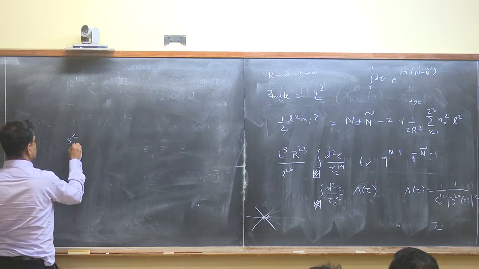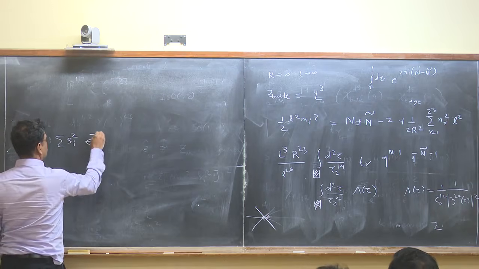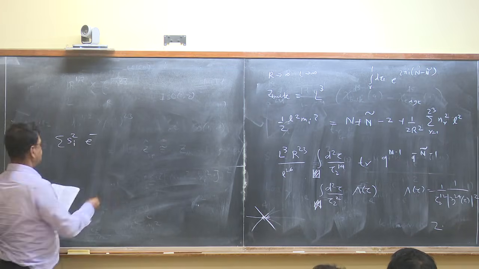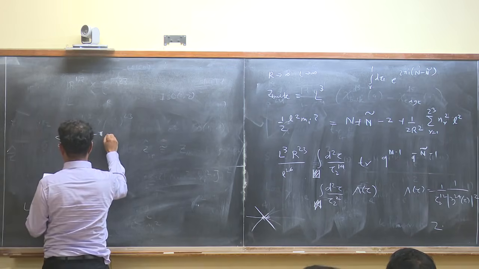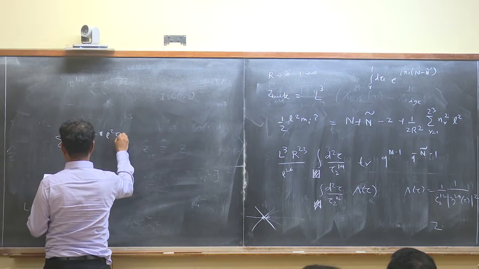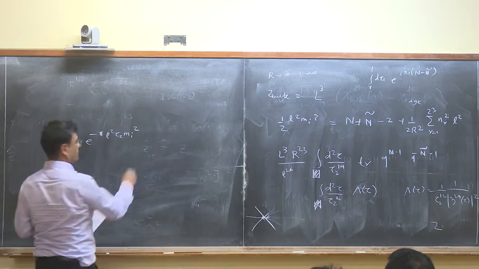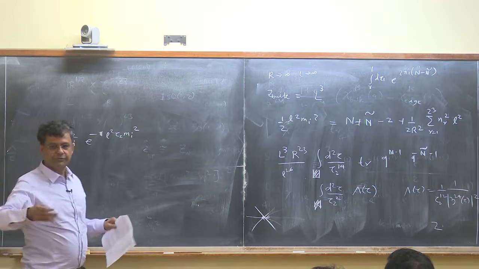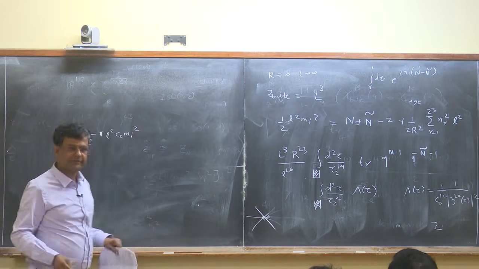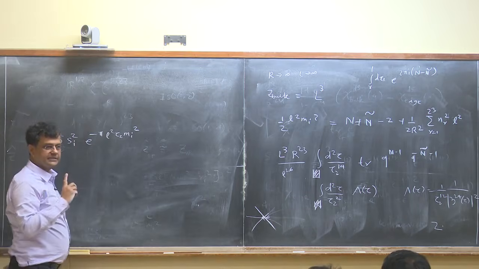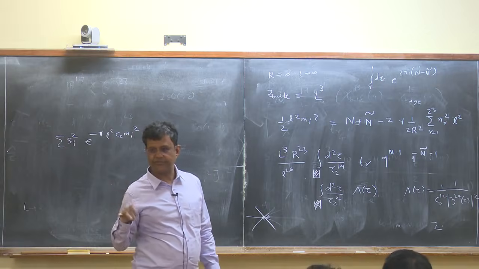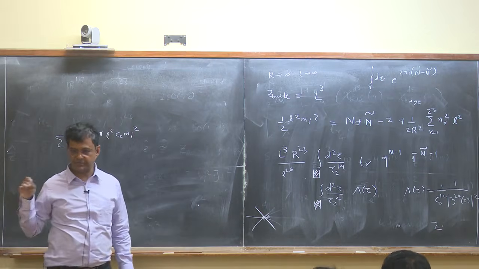So now you have to do a sum over S_i square, and go through the same steps that we went through before. But what is S_i? It's not the spin of the field, it's the spin of the state, because you are summing over states.